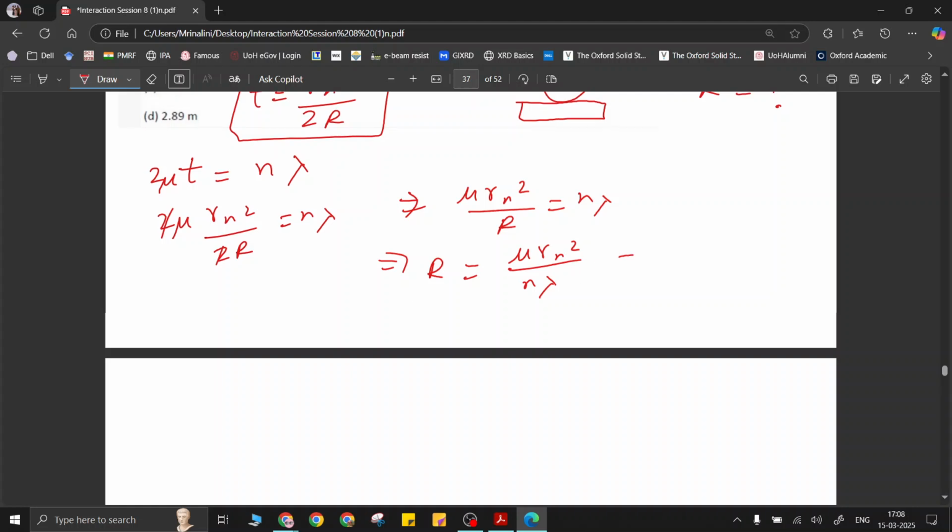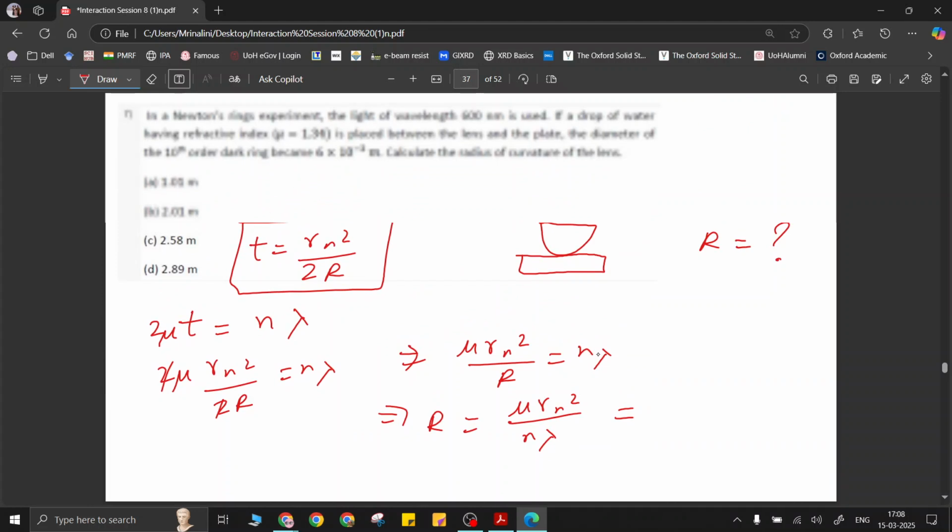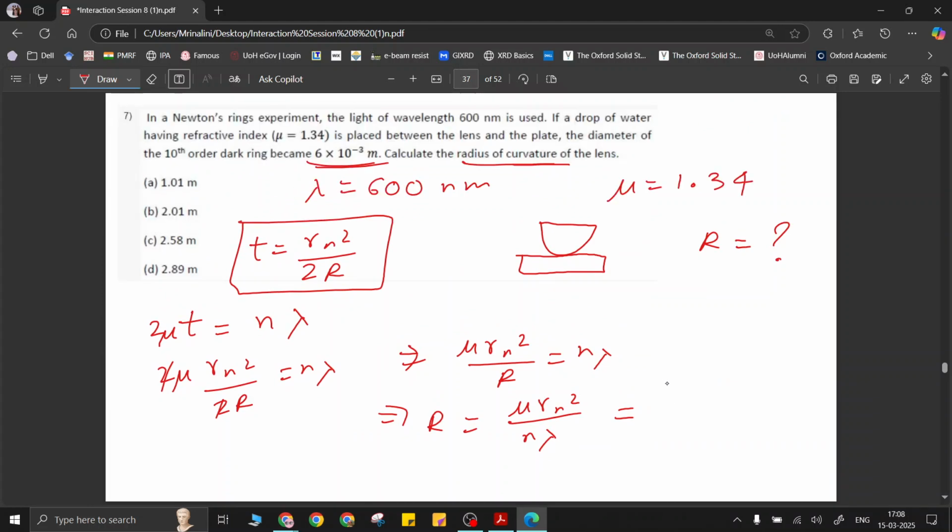Substituting the values, the refractive index is given to be 1.34. The diameter is given, so we can change it to radius by taking half of it. That means 6 divided by 2, which is 3, times 10 to the power minus 3, squared, divided by n, which is 10th order, and lambda, which is 600 nanometer, and to the power minus 9.